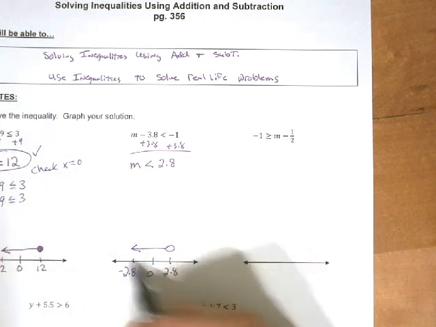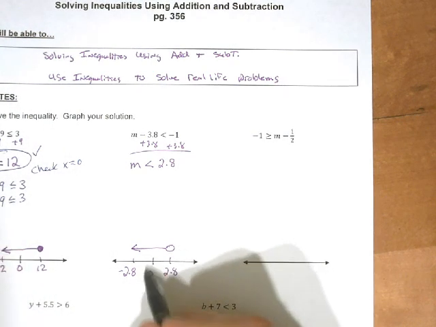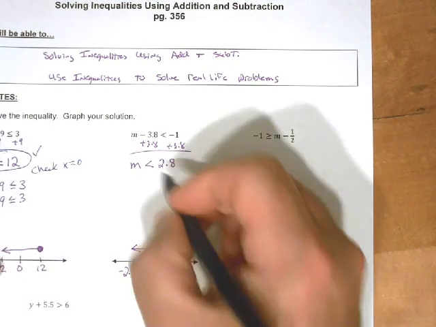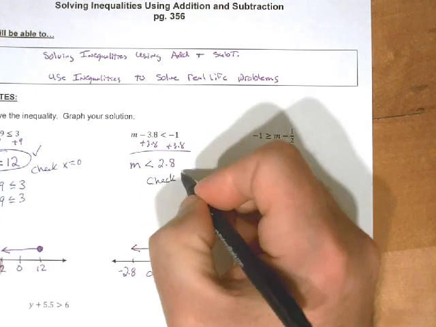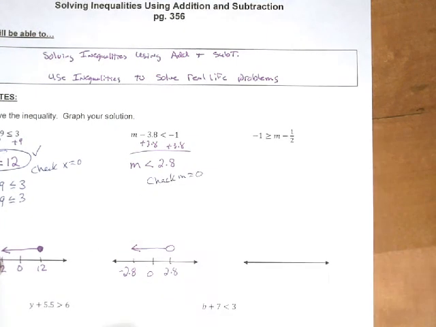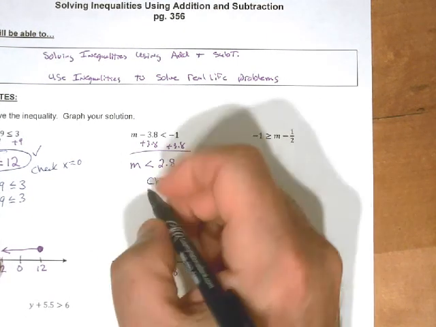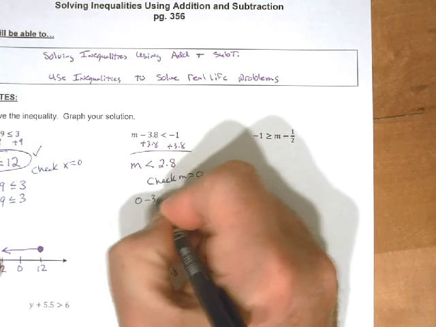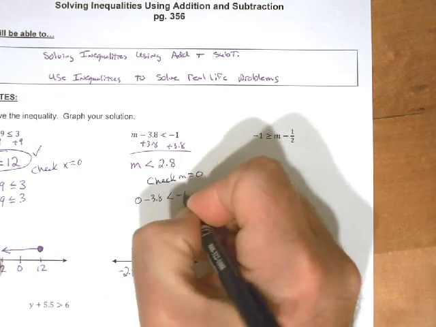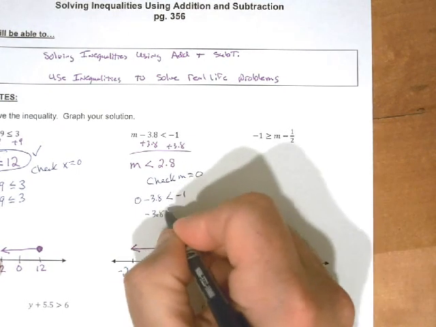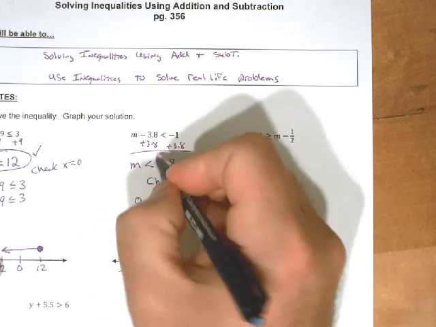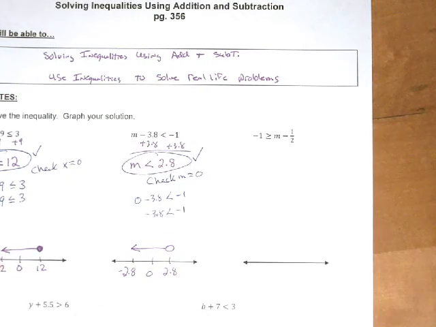So again, I can check my work to see if I've graphed this out correctly. 0 happens to be one of my checks. So I'm going to use the check of m equals 0 to see if it is a true sentence. 0 minus 3.8 has to be less than minus 1. Minus 3.8 is less than minus 1.